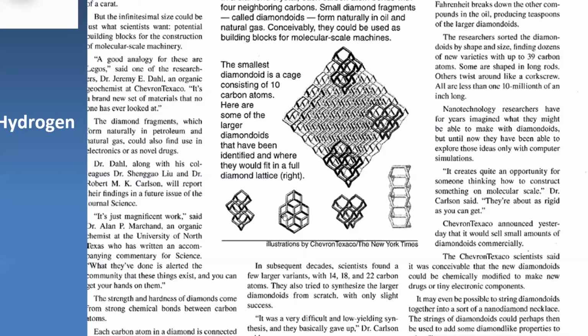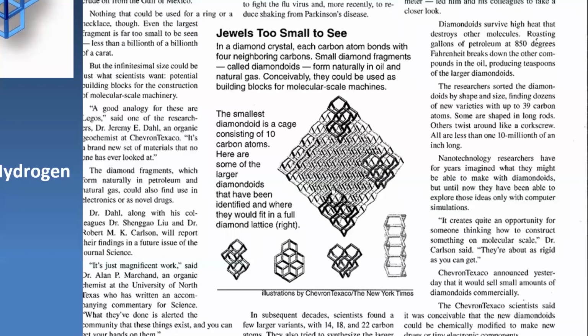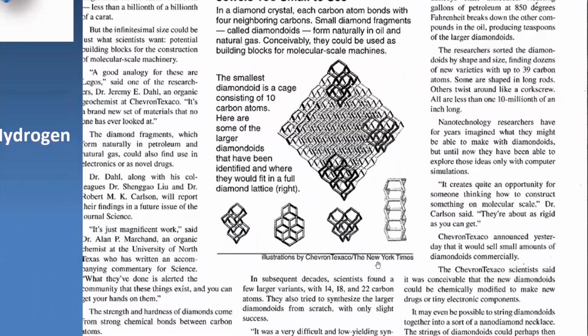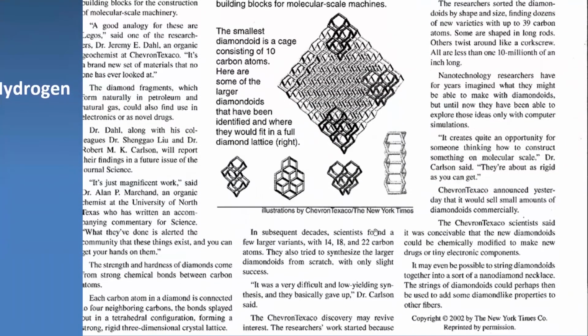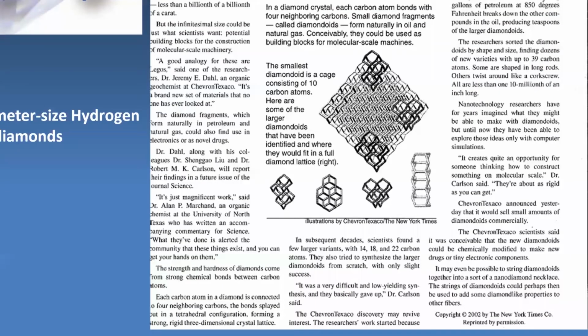Then they laid around as adamantane for a while. That was the first one identified, and it's still the most important and most common in oil. Then Chevron got into the game, and in particular they got Jeremy Dahl and Richard Carlson, and we were very fortunate to have a diamondoid short course given to us by two of the originators, so it's pretty neat.